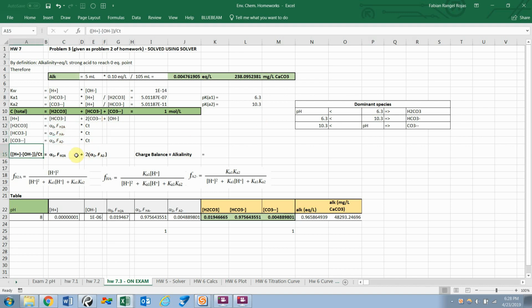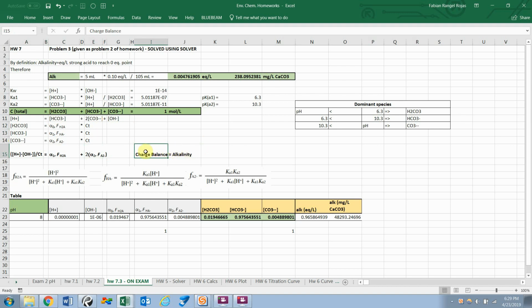Okay, this is just my charge balance reinstated, and in this case my charge will not equal 0, but my charge balance is my alkalinity.